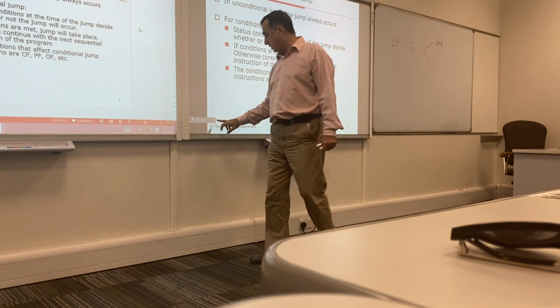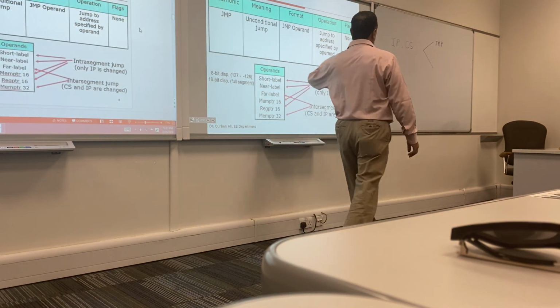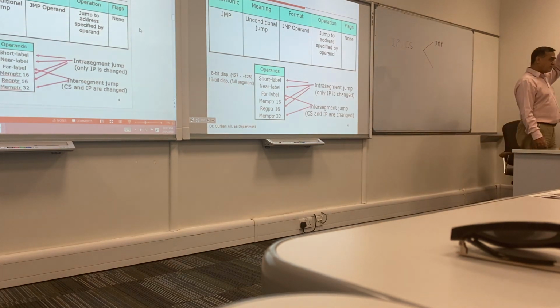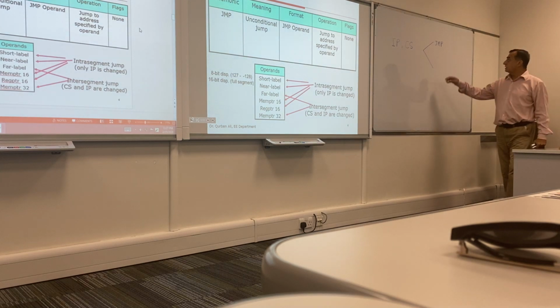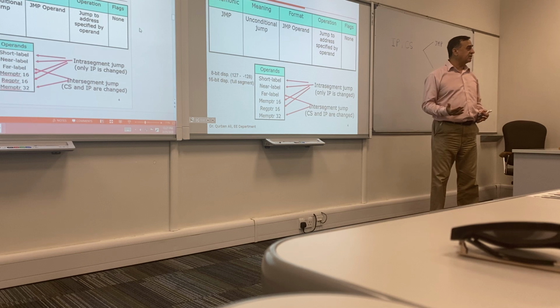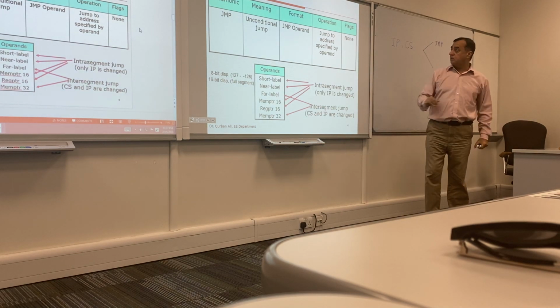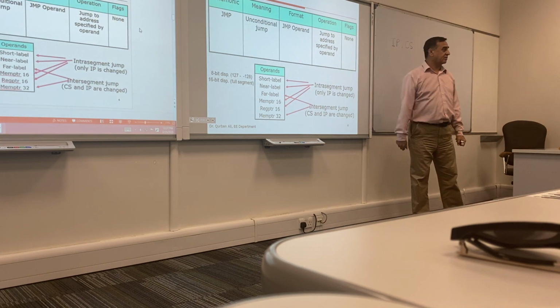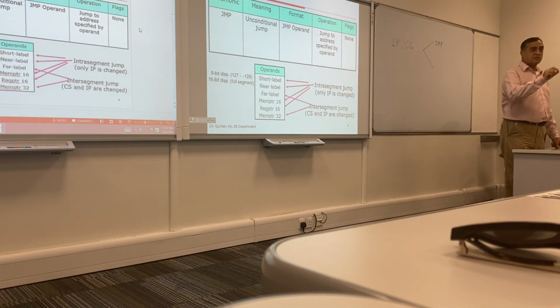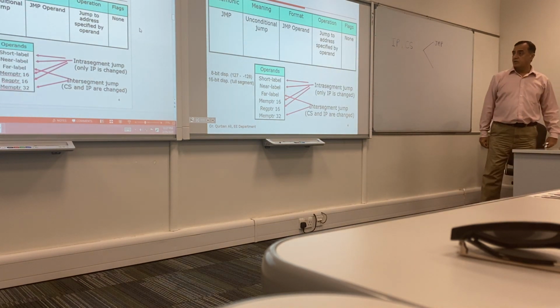Let's see the first one. The one I am saying here is unconditional, JMP, which maybe you have seen in the previous lectures. JMP, jump instruction. This is unconditional. The jump always takes place. Since there is no calculation, there is no effect on the flags, because it will always just go to that instruction, to that address.